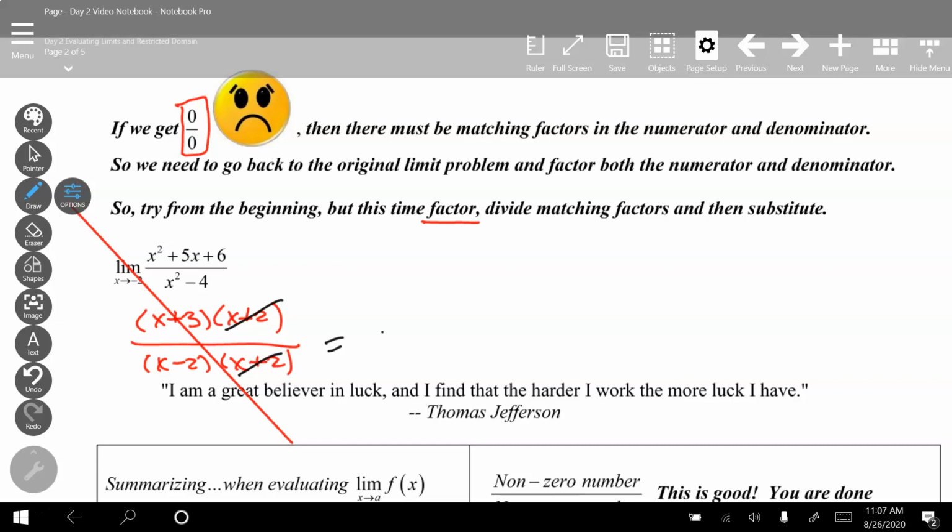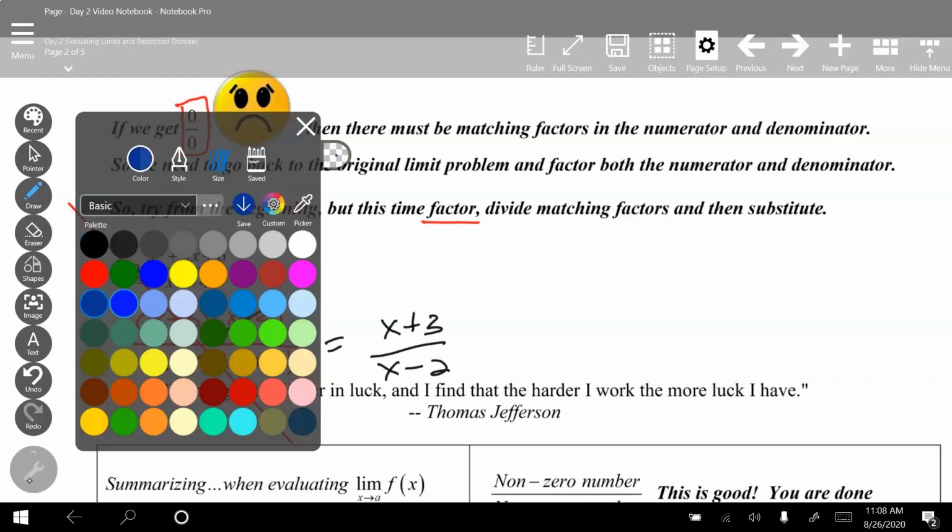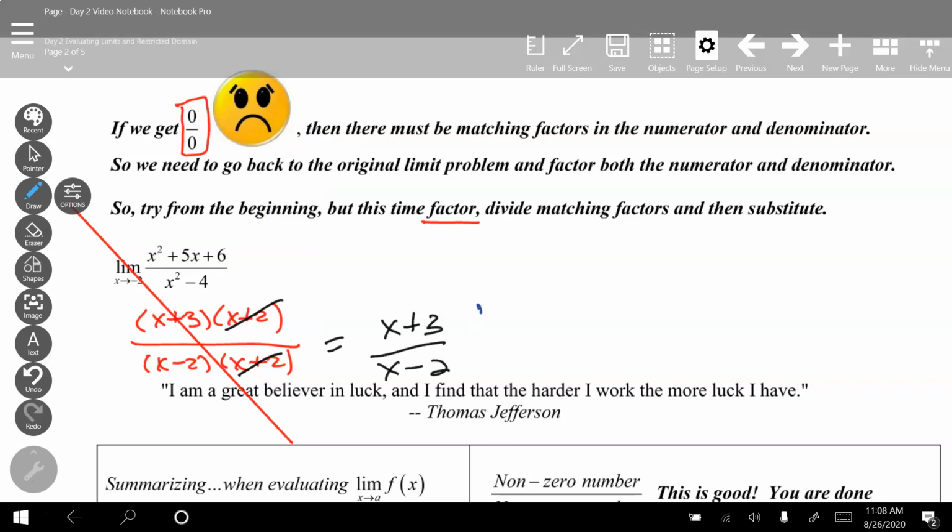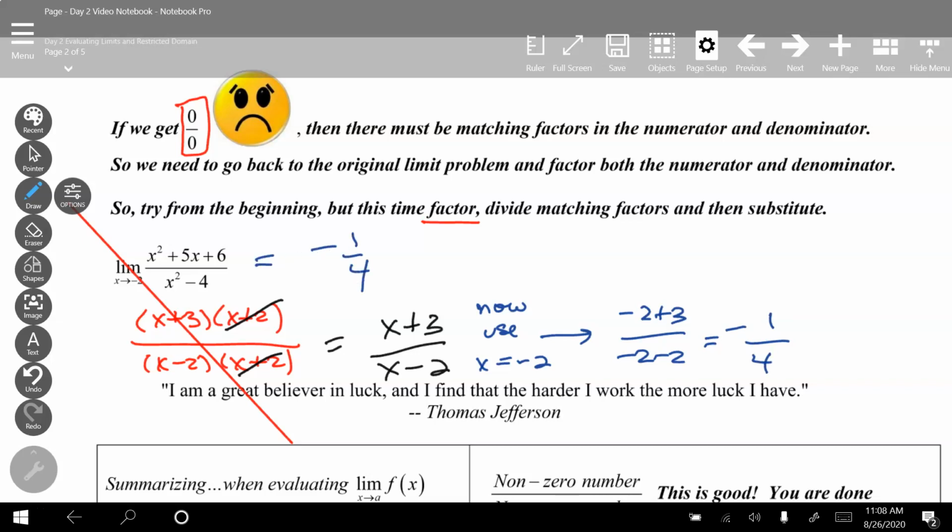What's left over? x plus 3 over x minus 2. Now I can use x equals negative 2. I get negative 2 plus 3 over negative 2 minus 2. I get 1 over negative 4, or negative 1/4. So this limit is equal to negative 1/4. 0 over 0, you cannot leave it as that.